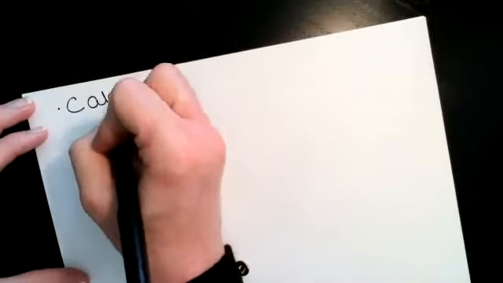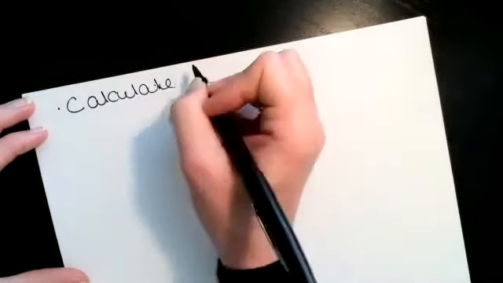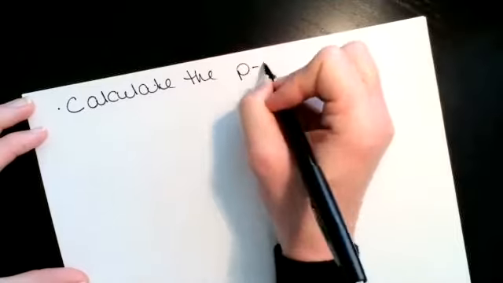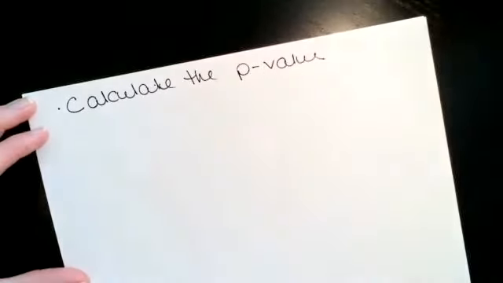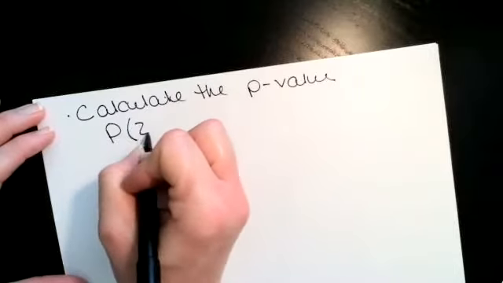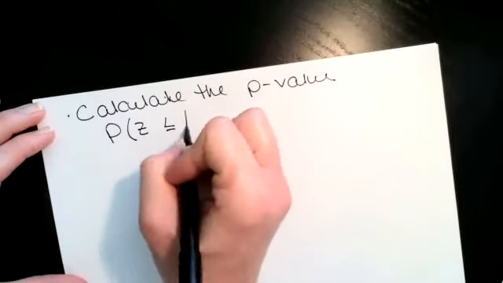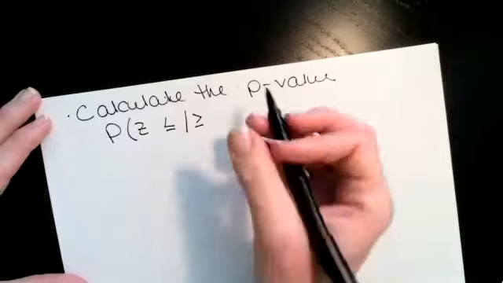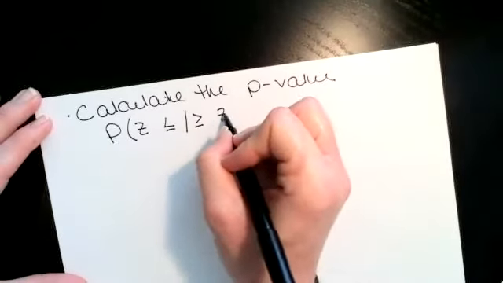Now I'm going to look through and calculate the probability. So I'm going to calculate the p-value. And to calculate the p-value, I'm looking at the probability that a z is less than or greater than the z-test statistic I already have.